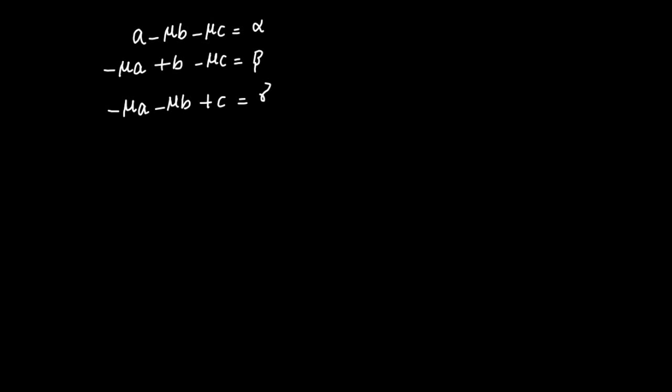So I have three equations for three unknowns. I'm just going to solve the three equations for the three unknowns, and I am going to substitute the values for A, B and C back into the equations.